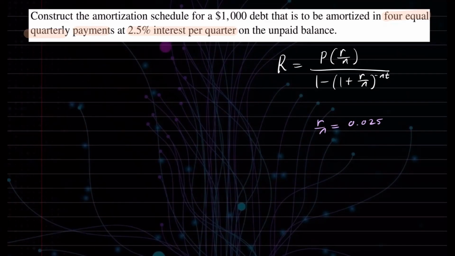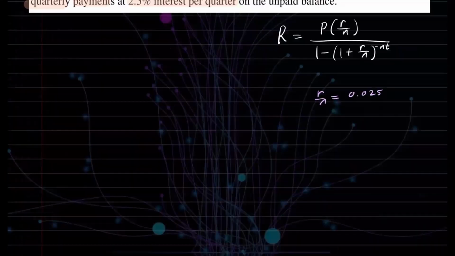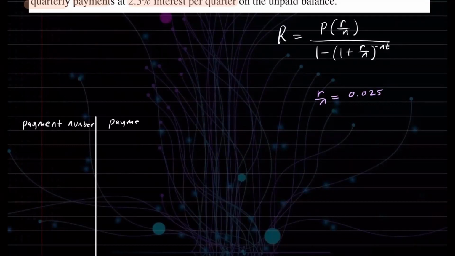So you're going to create 5 columns like this. You'll have a column for your number of payments. We'll have 4 equal payments, so this column will represent payment number. Then the next column will represent how much you're going to be paying. So that's payment.